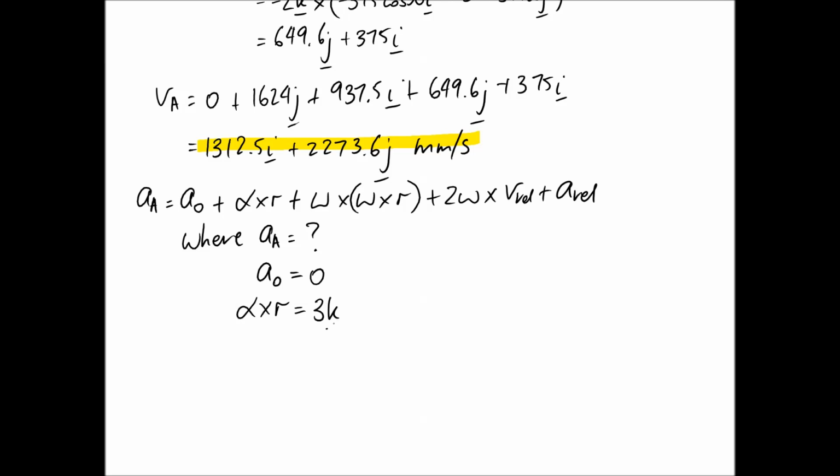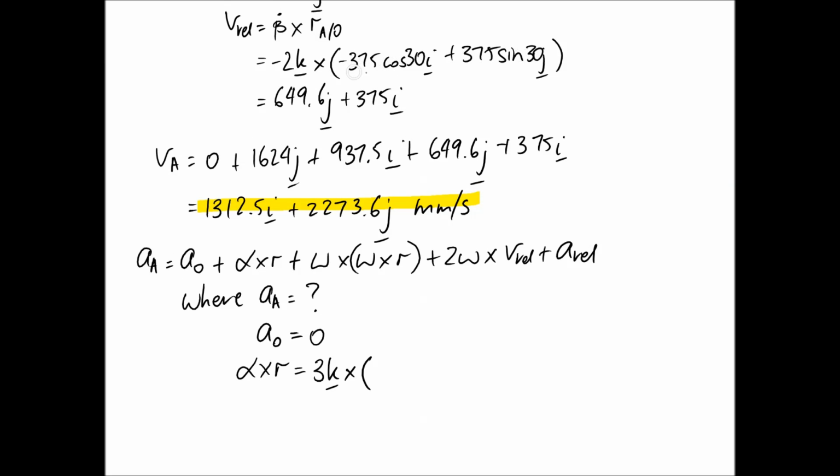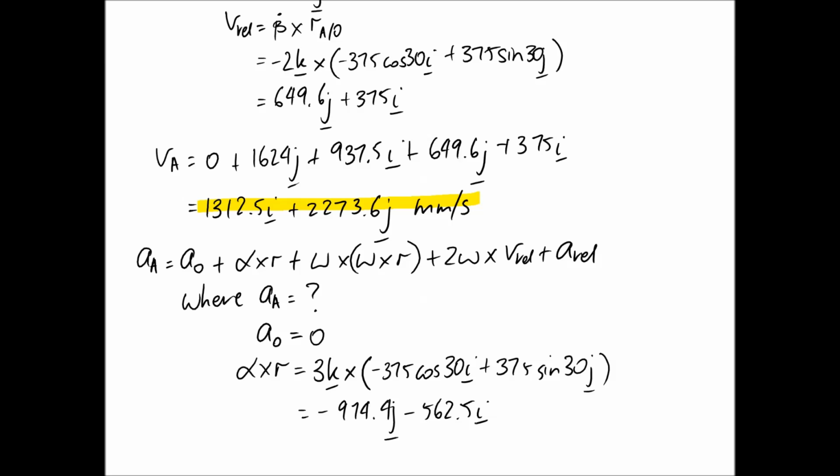So this we can write as 3k, and this is the radius of A relative to O that we already worked out before. It's going to be this expression in the bracket here. So expanding that one out, it comes to be that one there.